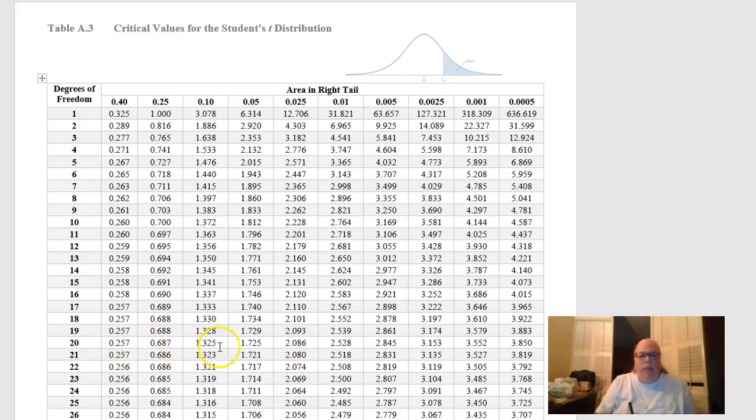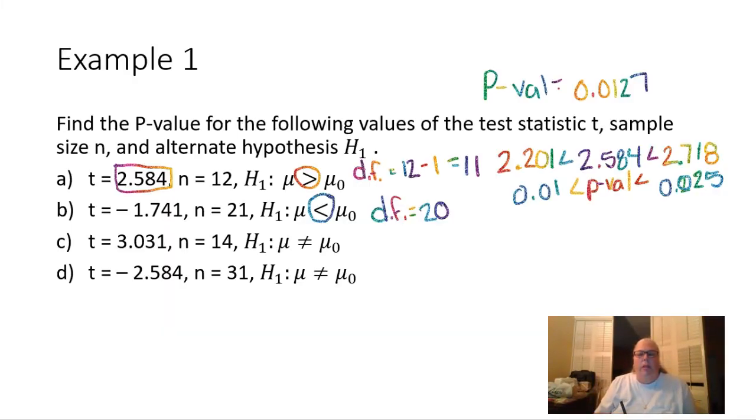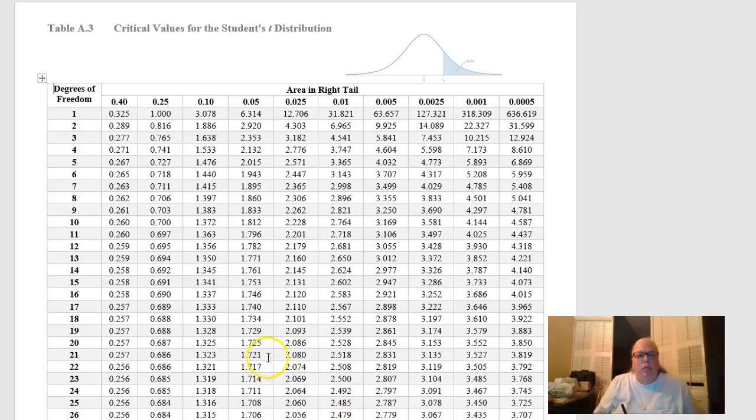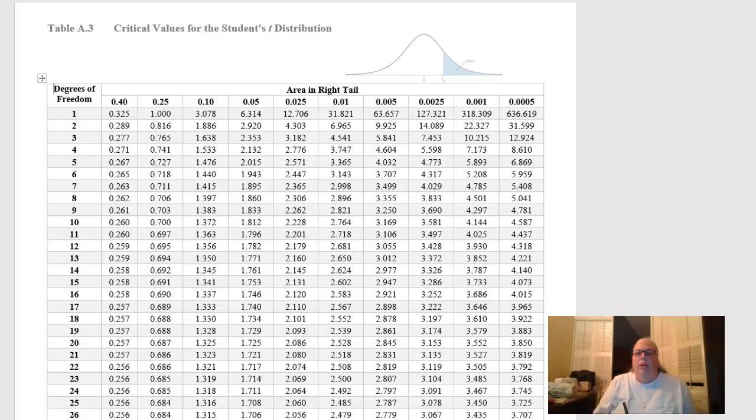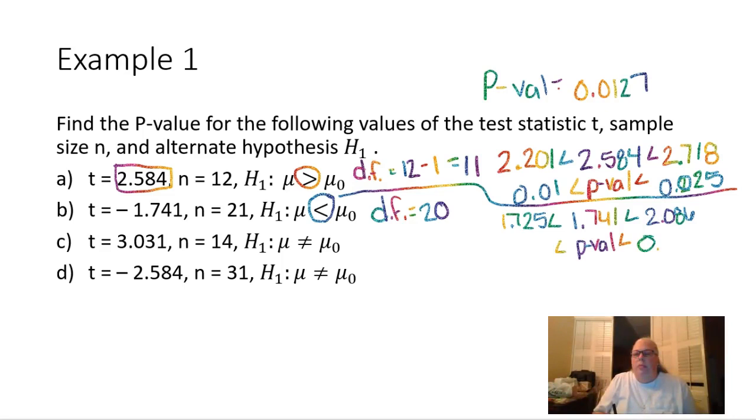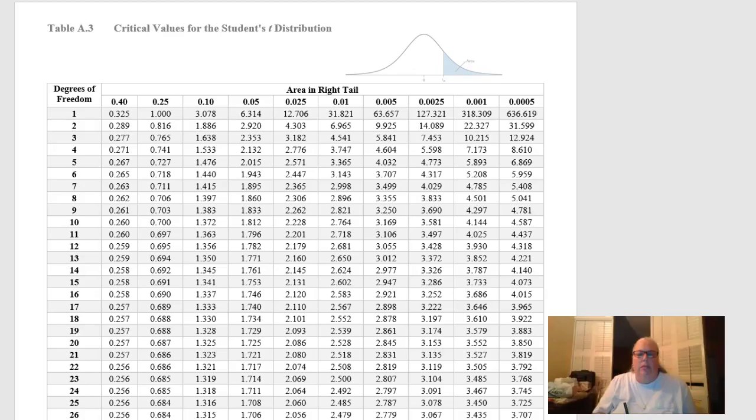line 20, 1.725, 2.086, we know that our value falls in between 1.725 and 2.086, which means our p-value will fall between, let's see, 1.725, that's going to bring us up here to 0.05, and 2.086, that's going to bring us up here to 0.025.